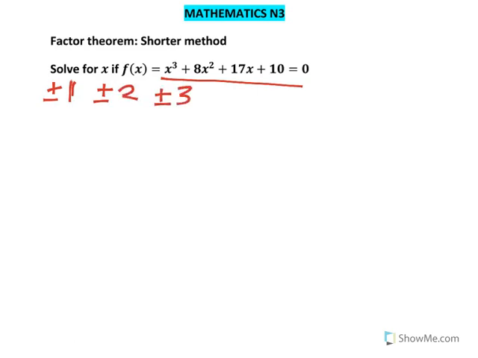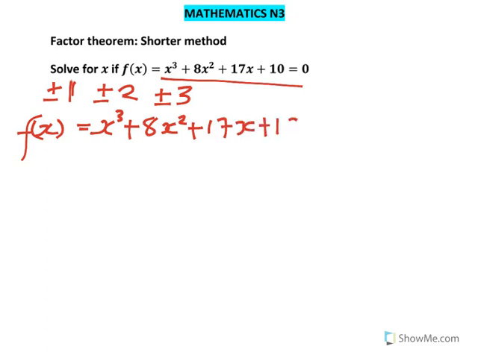Usually the factor is within the numbers. What am I saying? Remember, they gave you f of x is equal to x cubed plus 8x squared plus 17x plus 10. Now to find the first factor, that is the number that will divide into this without leaving a remainder, you have to do what we call a trial and error.